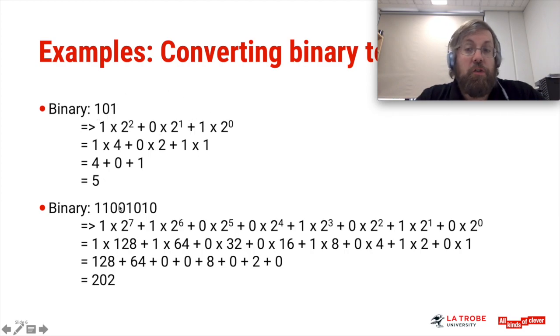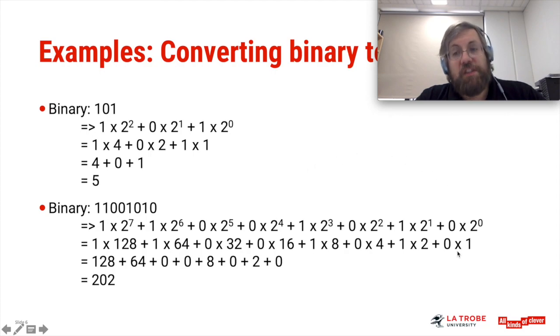We can also do the same thing for a more complicated binary number, for a whole byte. So 8 bits, 11001010. And again, we can do exactly the same thing. It's 0 times 2 to the 0, plus 1 times 2 to the 1, plus 0 times 2 to the 2, plus 1 times 2 to the 3, plus 0 times 2 to the 4, plus 0 times 2 to the 5, plus 1 times 2 to the 6, plus 1 times 2 to the 7th.